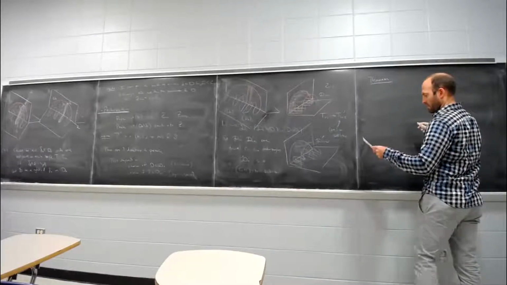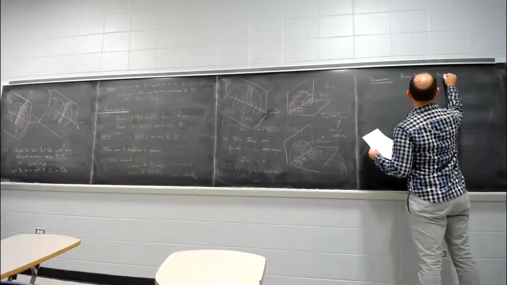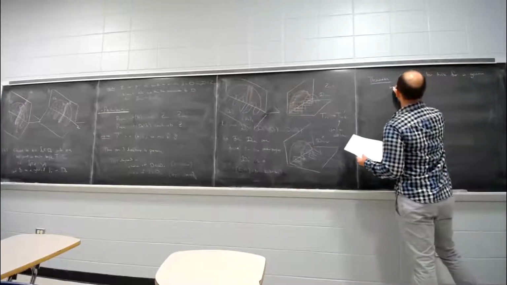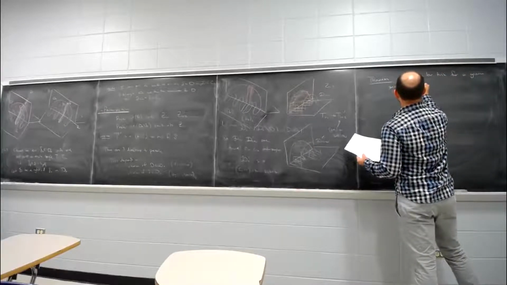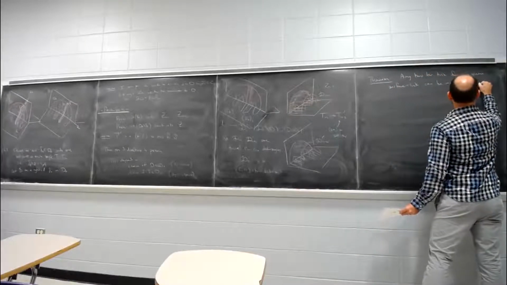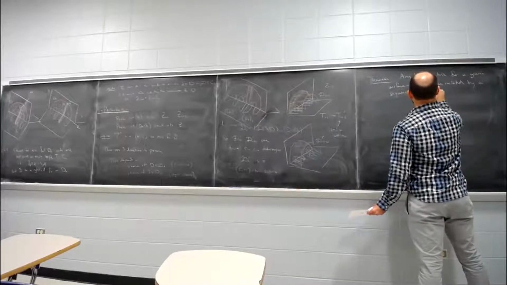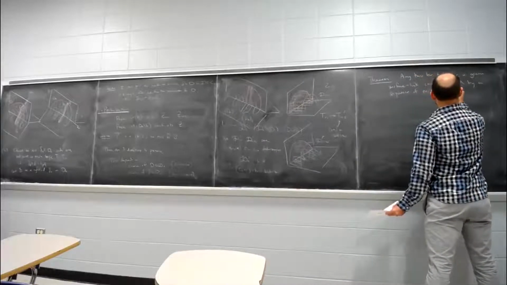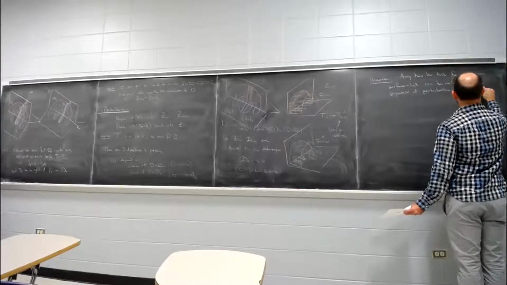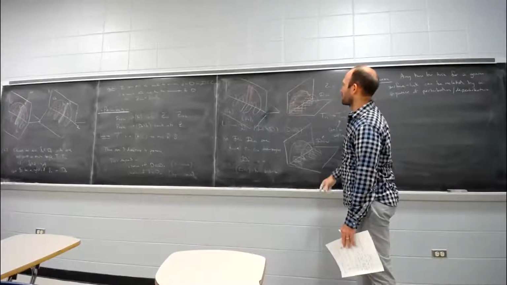So the theorem is that any two bridge trisections for a given surface link can be related by a sequence of perturbations and deperturbations. So what is a deperturbation? Well, a deperturbation is where you do the opposite.